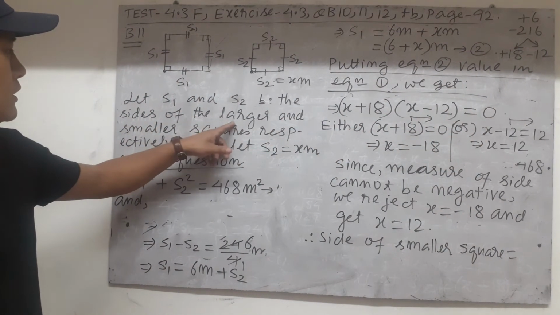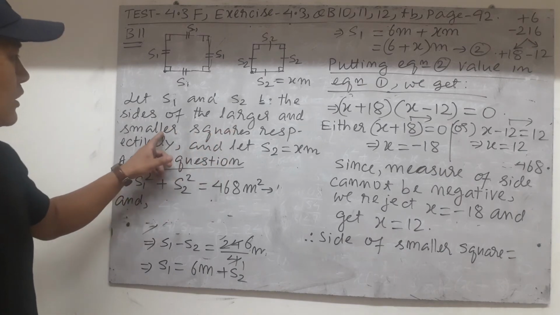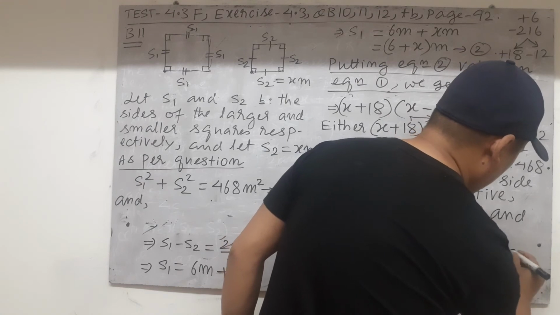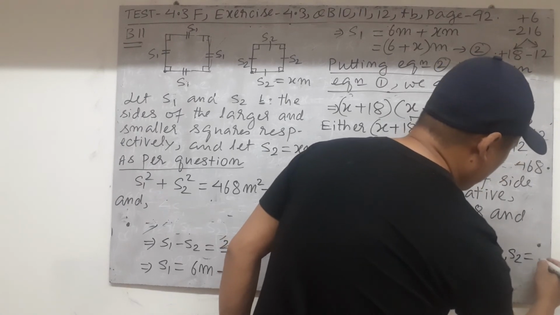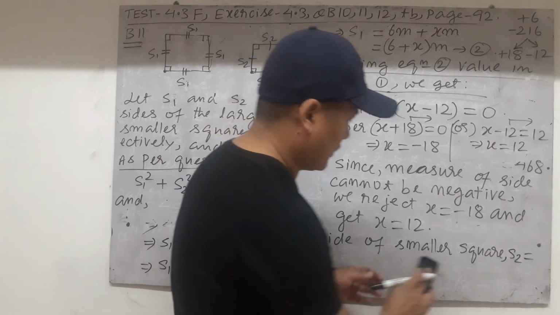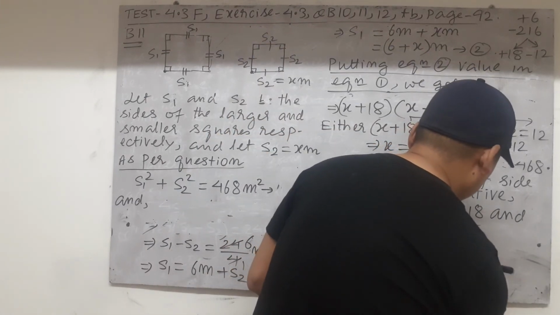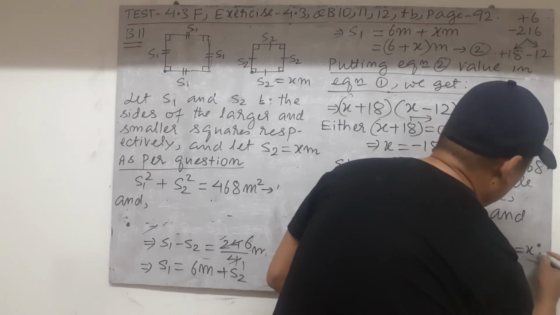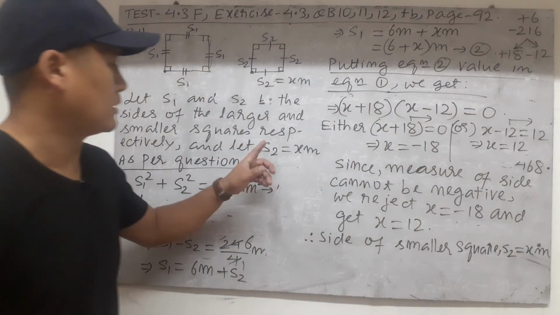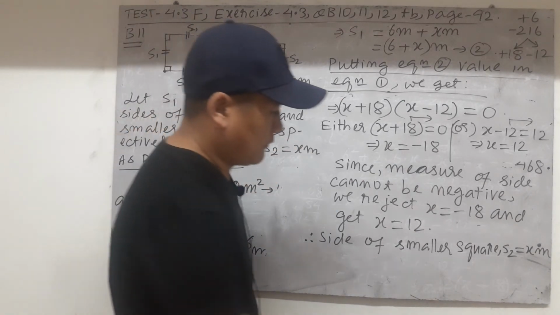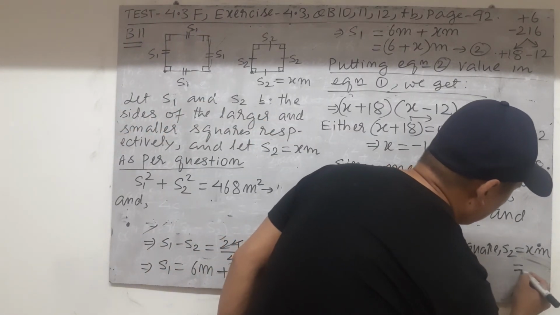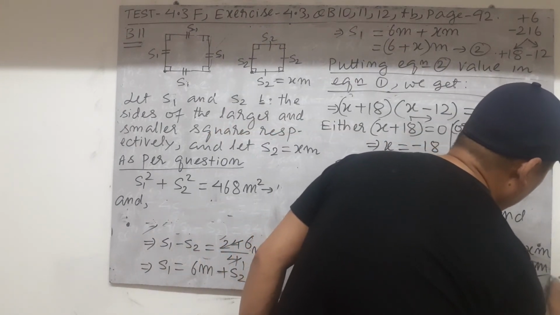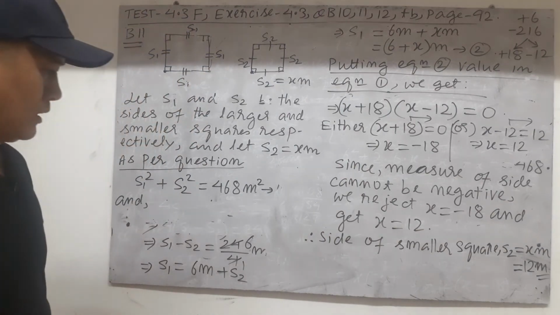S1 is that of the larger, S2 is the smaller, so S2 is the one. So you write here, small square, S2 is equal to x meter we put in the beginning, as you can see. So now put the value for x here, and we're going to get the accepted one, plus 12 meter. First answer.